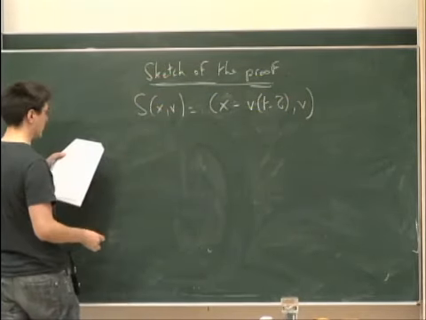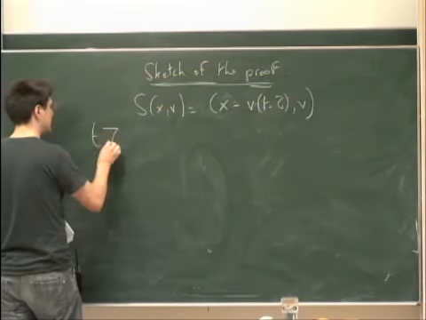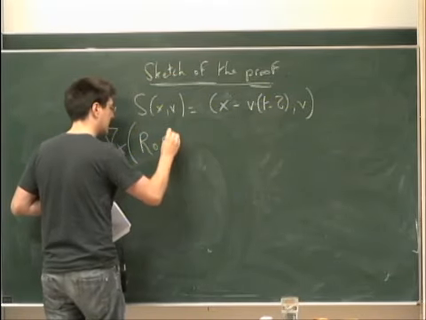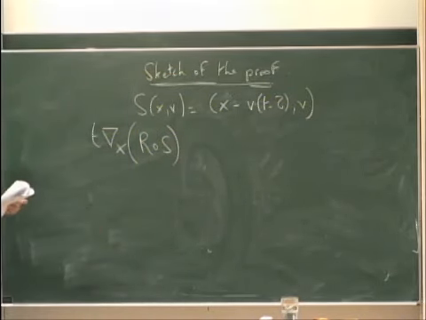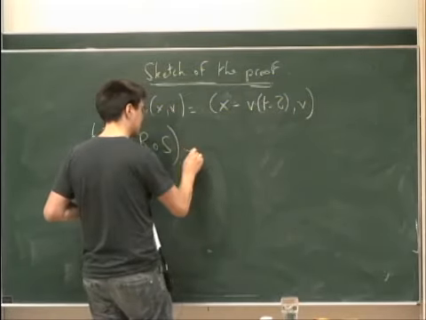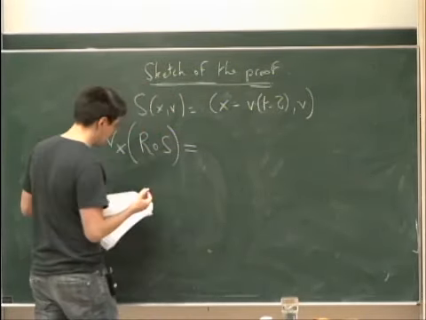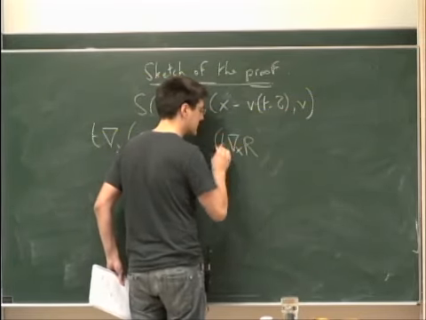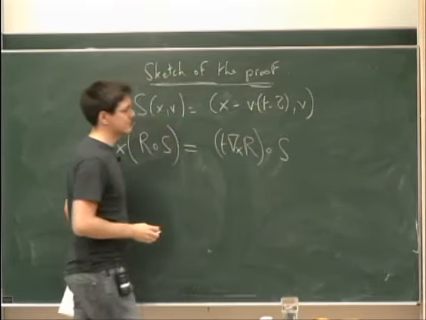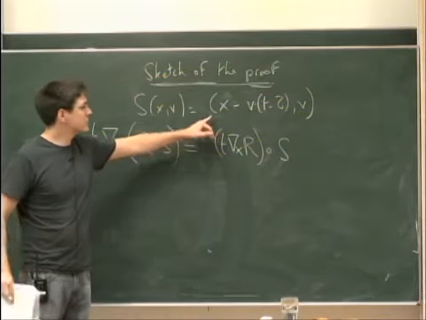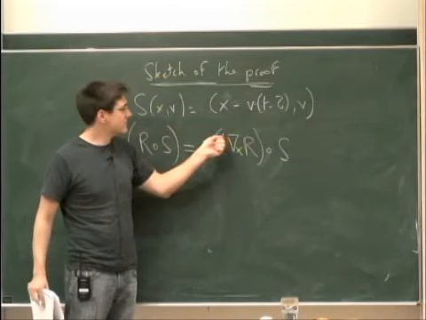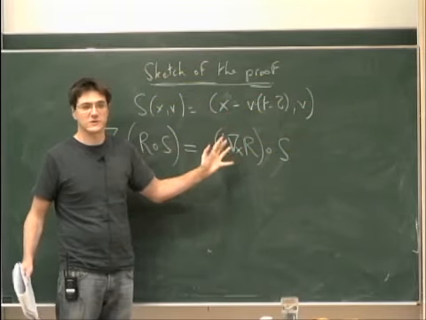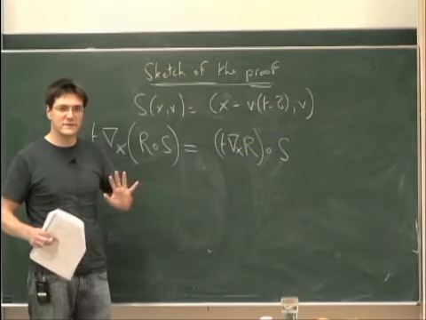I will consider composition with S. If I compute T grad X of R composed with S, of course I could say it's the same as T grad X R composed with S. Why so? Because composing with this, the only part which depends on X is this, so it does not change, it commutes.